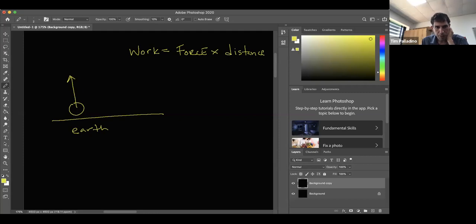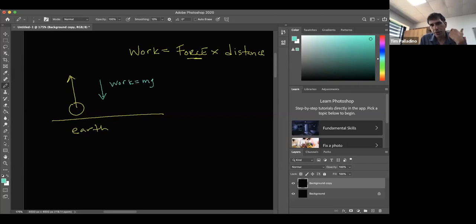So we know that gravity is applying a force in the downward direction. In this case, if it's just a ball or a very heavy weight, and we're lifting it up very, very slowly, we know that the force we apply is just going to equal the weight. So the force equals mg, the weight of the object.